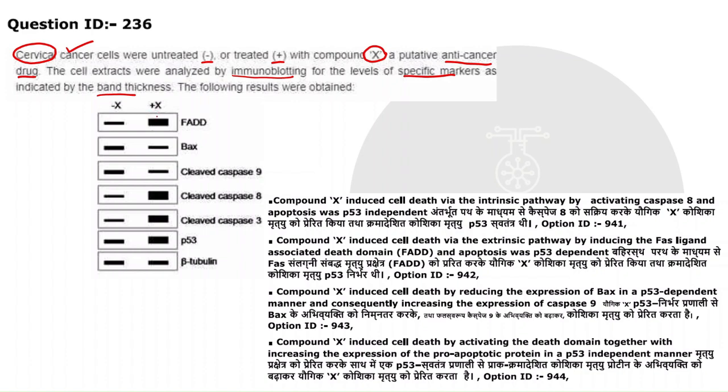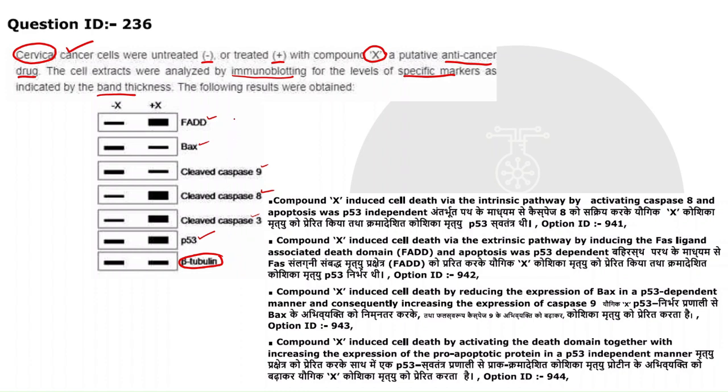The protein markers the researchers chose are FAD, BAX, Caspase-9, Caspase-8, Caspase-3, and P53. Beta tubulin is the loading control, because in Western blot a researcher always has to use a loading control, either beta tubulin, actin, or GAPDH. These are the mostly targeted proteins they checked in the cell lysate.